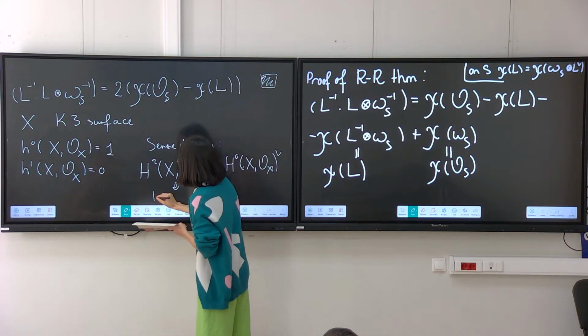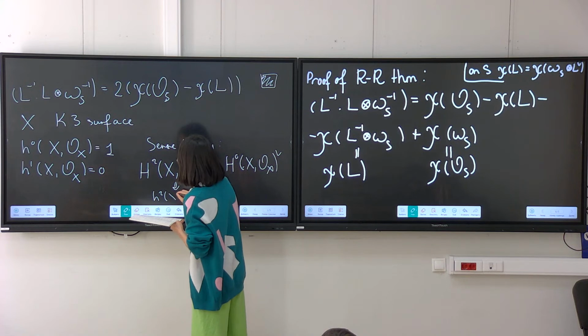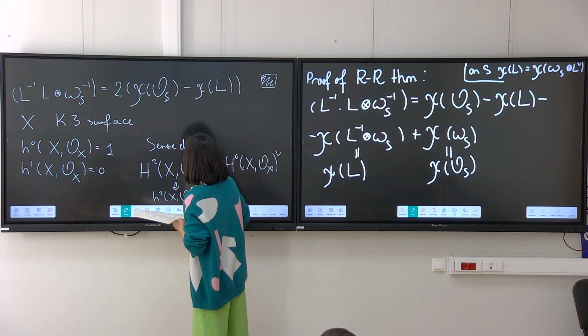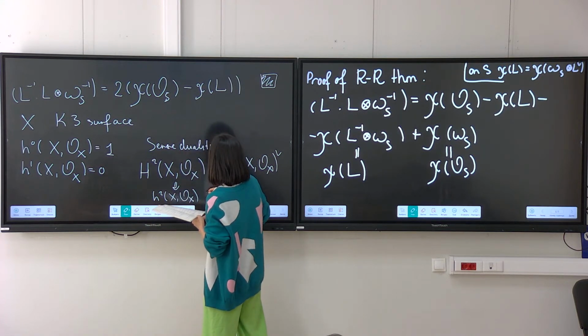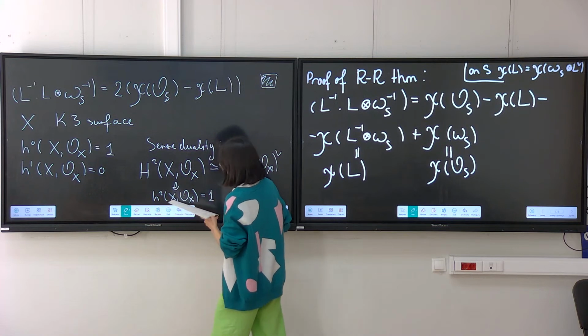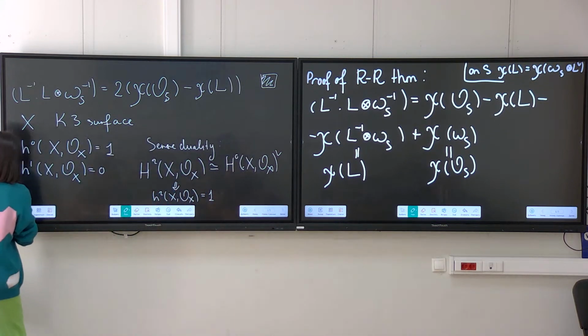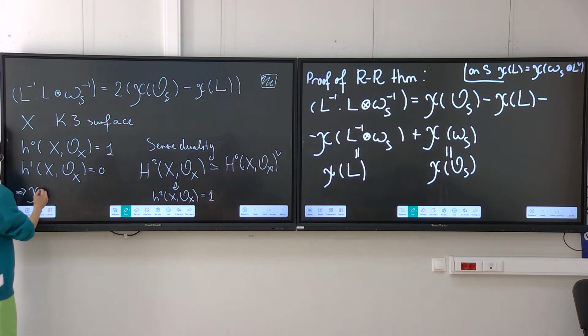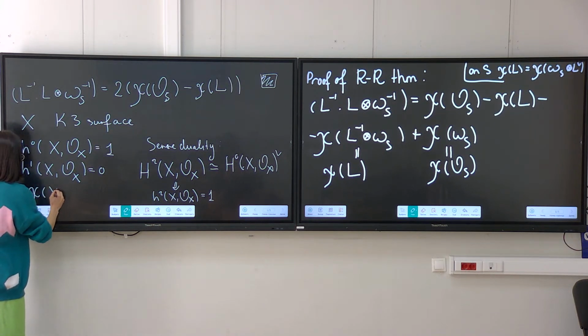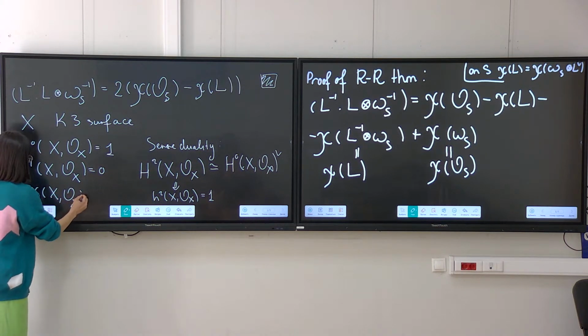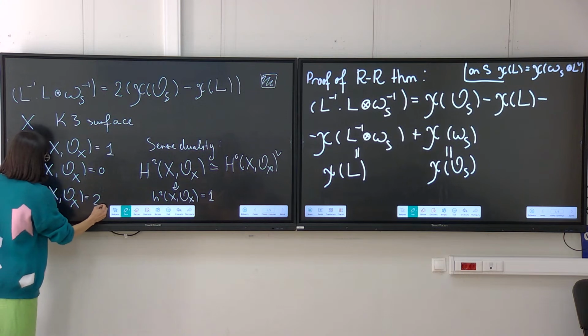This means that H2 of X or X is also equal to 1. And now we obtain from this immediately that the Euler characteristic of the structure sheaf of X is equal to 2.